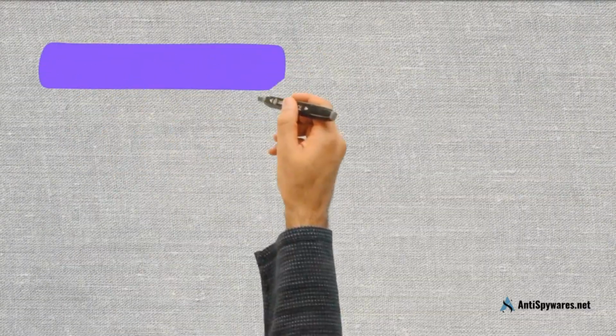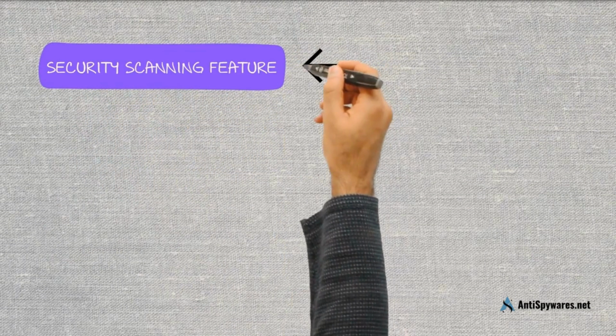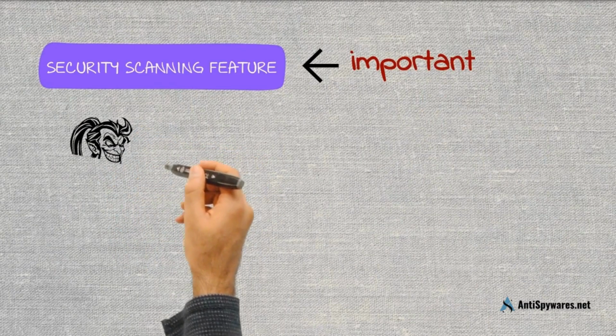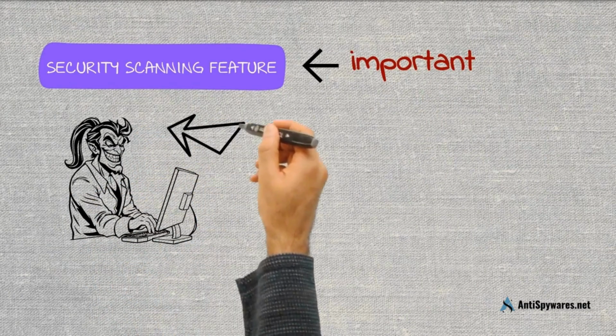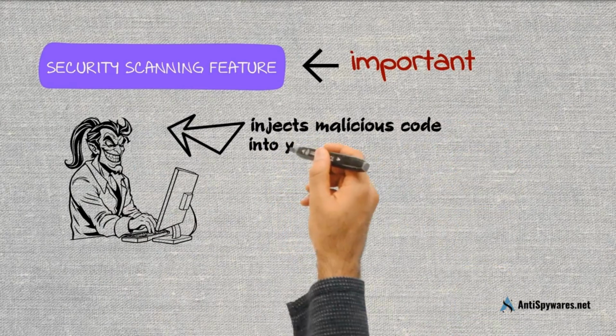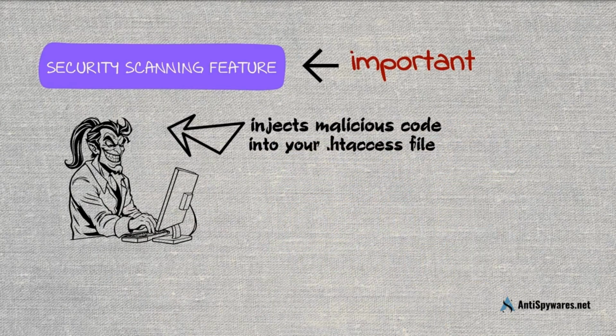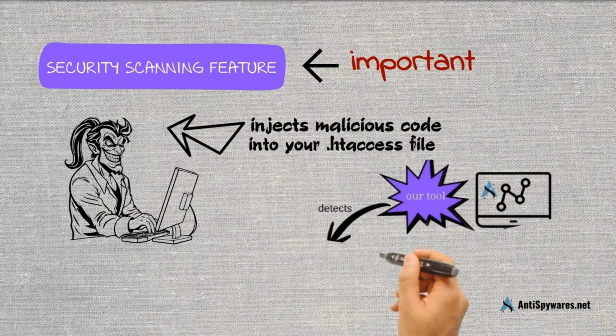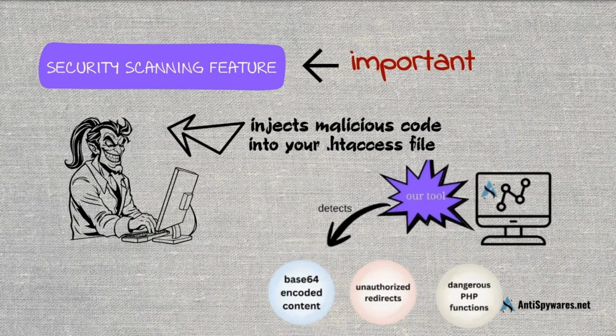The security scanning feature is equally important. If someone injects malicious code into your htaccess file, it could redirect your visitors to spam sites or install malware. Our tool detects suspicious patterns like base64 encoded content, unauthorized redirects, and dangerous PHP functions.